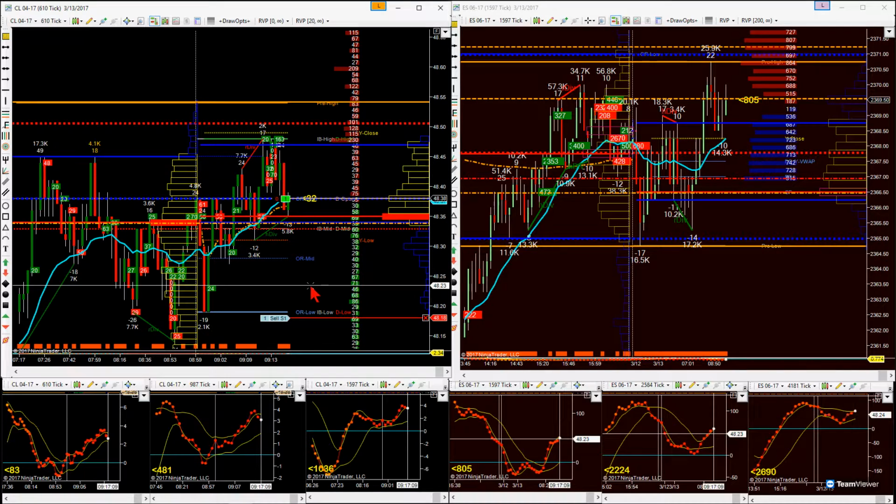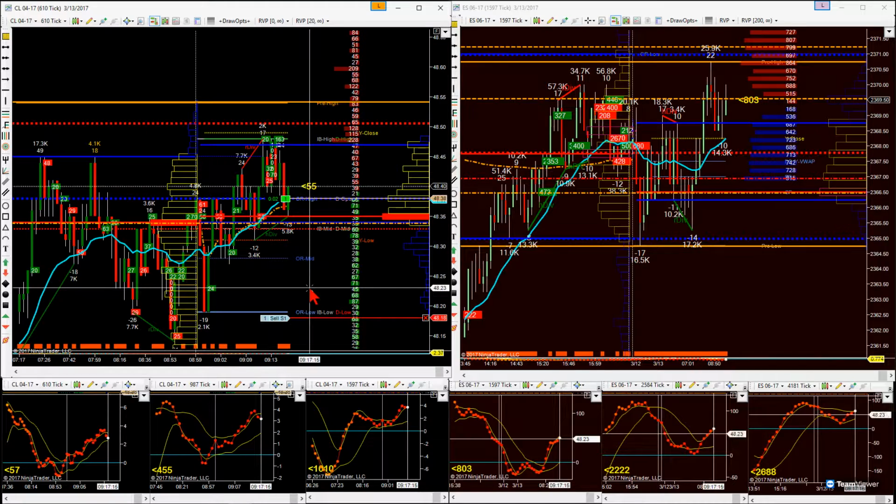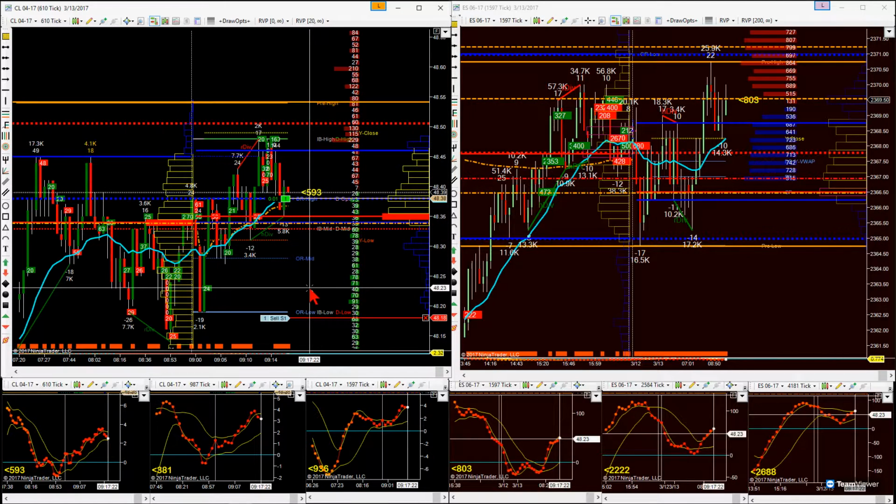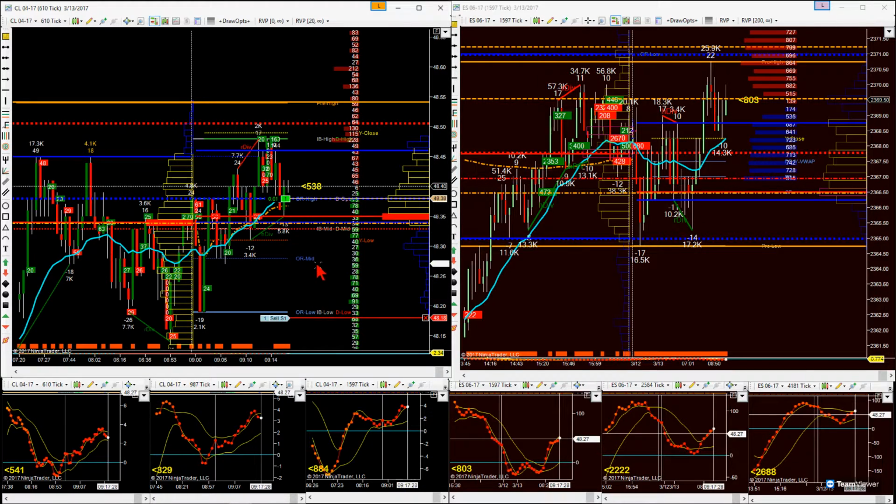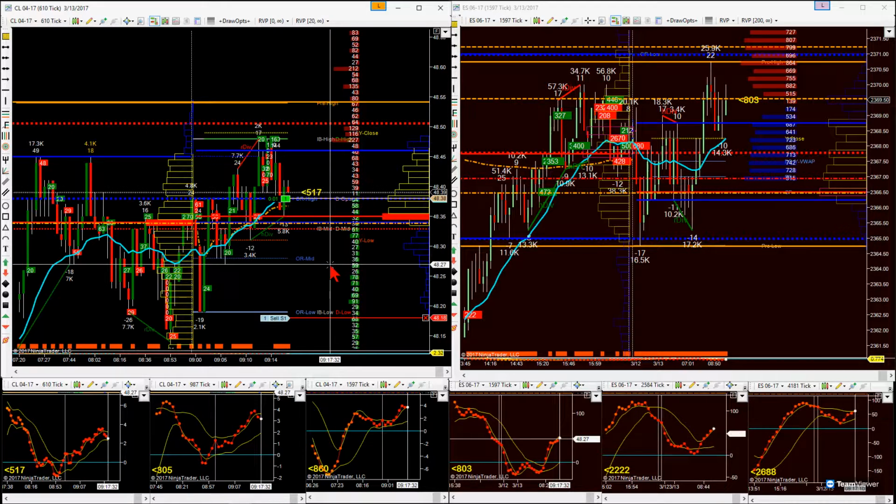Right now, I just saw another big offer come down. They got rid of that. They're just stepping in, not with size. We're not yet seeing that 105, 110 contract bid that we've seen come in a couple of times that ultimately pushed price up.